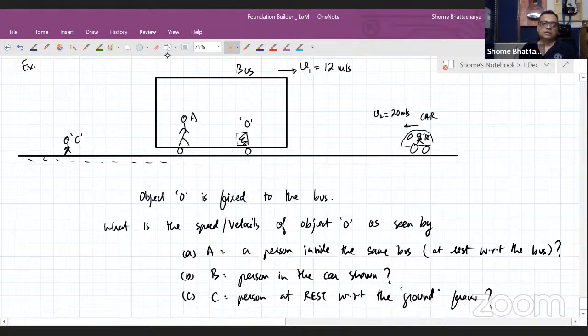Okay. So just work this quickly out and tell me. Give me the answers to the three parts A, B, and C in serial order. You can just type out the numerical values in meters per second, whatever you will get. Should be fairly easy.